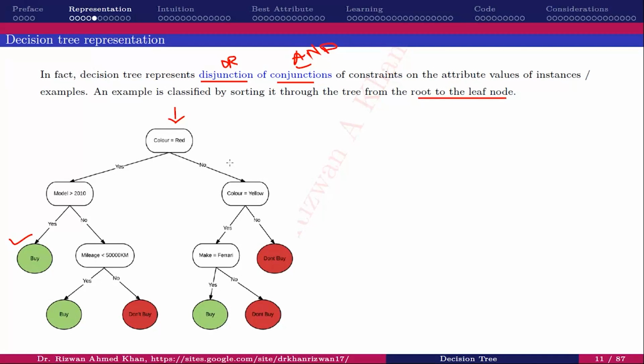Can you write this decision tree in terms of disjunction of conjunctions? Or simply, if I ask you, can you write if-else rules looking at this tree? Okay, you have 1 minute to supply me an answer in the chat window. Be quick, just 1 minute.